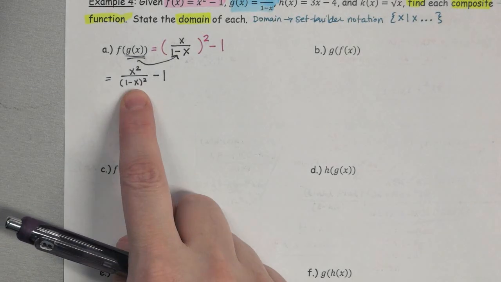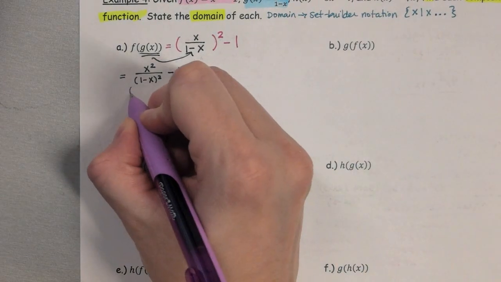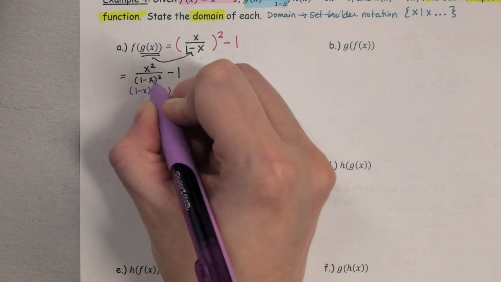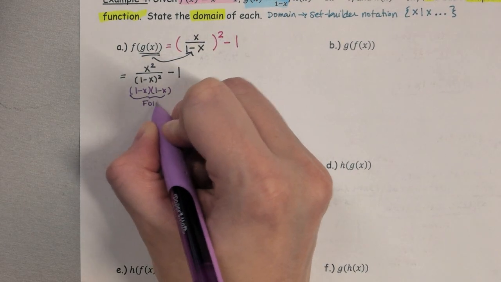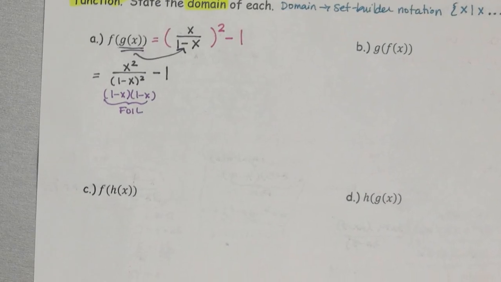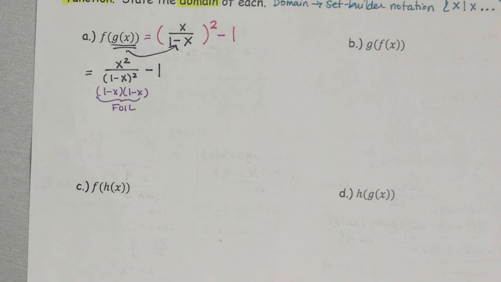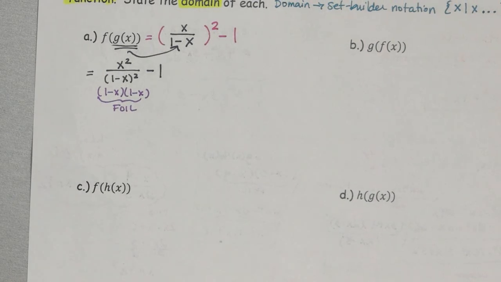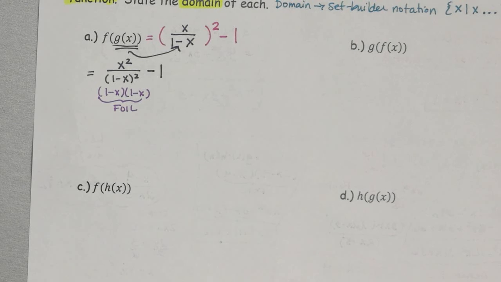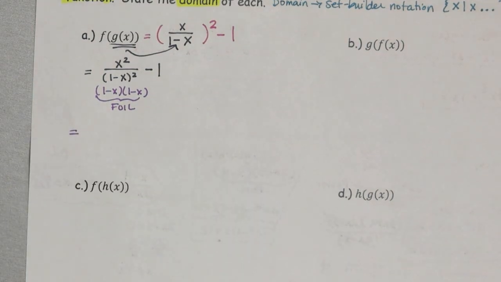Just remember that when you have this, you do have to FOIL. So you'll have 1 minus x times 1 minus x. That's what it means when you square it. Okay, and then go ahead and FOIL that. Make sure you keep the 1 on the outside, and then we'll simplify it together.